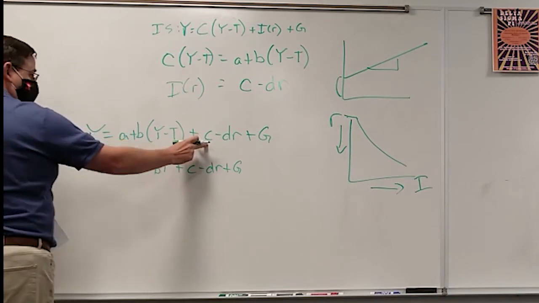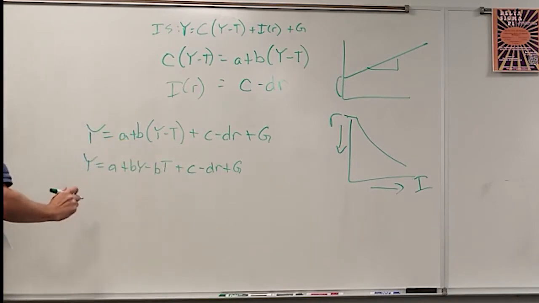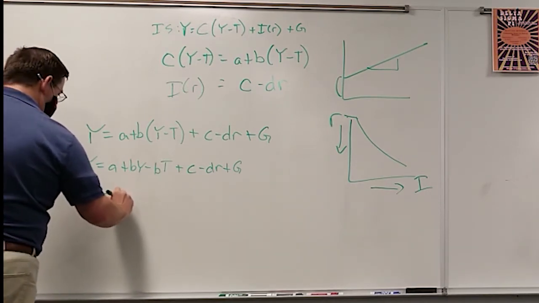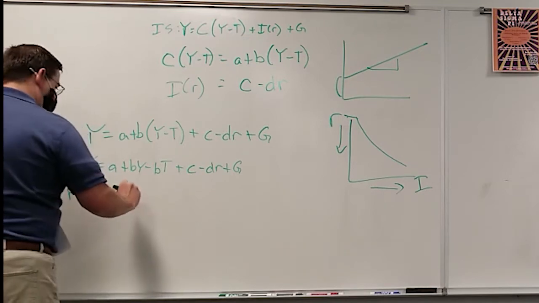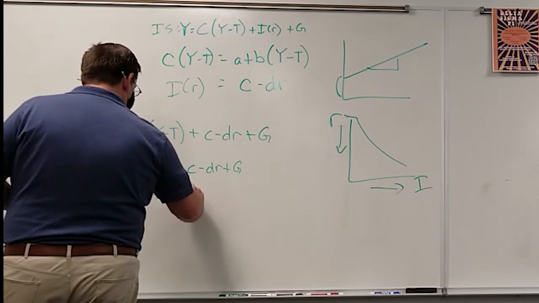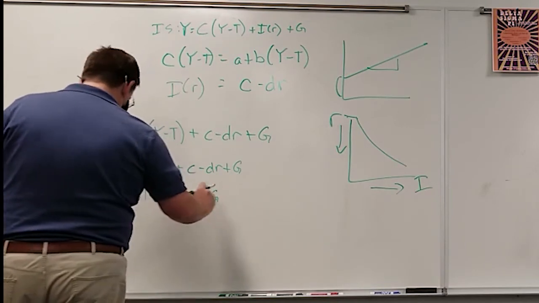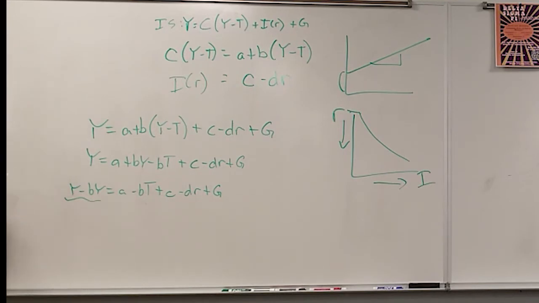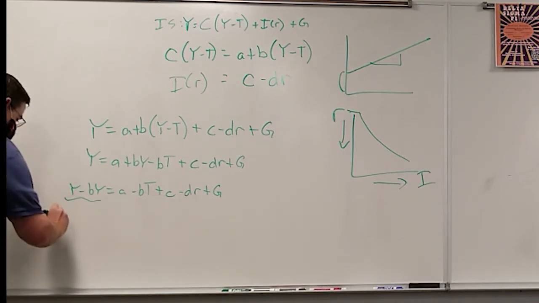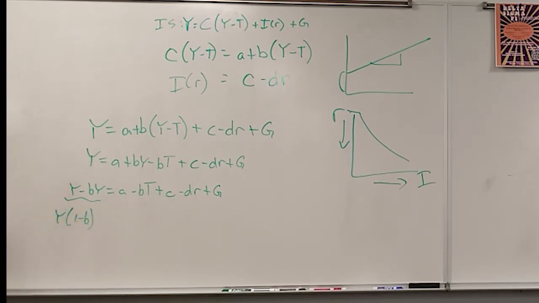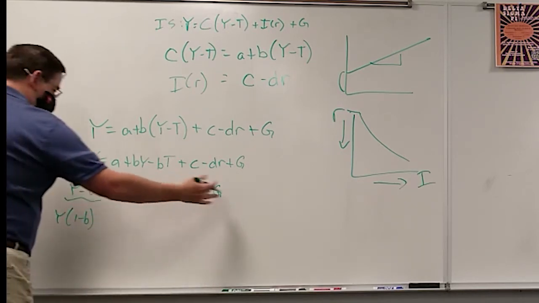Remember that this has nothing to do with consumption, okay? Then I want to subtract by, so y minus by equals a minus bt plus c minus dr plus g. I can take this and factor out the y, so y times 1 minus b is equal to all this stuff again.